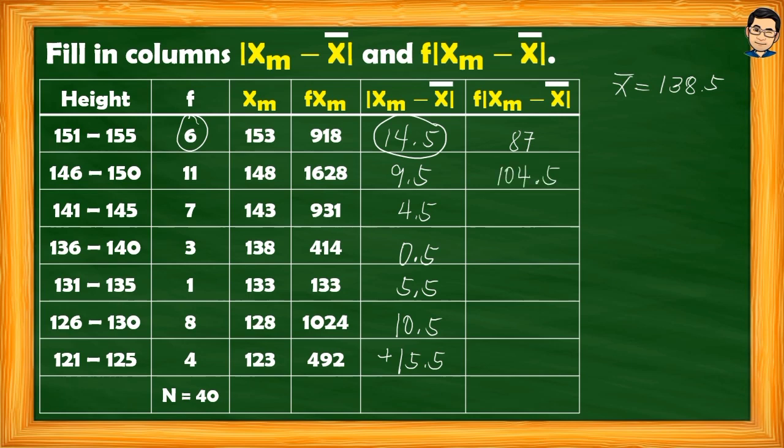Next, 4.5 times 7, that is 31.5. 3 times 0.5 will have 1.5. 1 times 5.5, that is 5.5. 8 times 10.5 will have 84. And then finally, 4 times 15.5 will have 62.